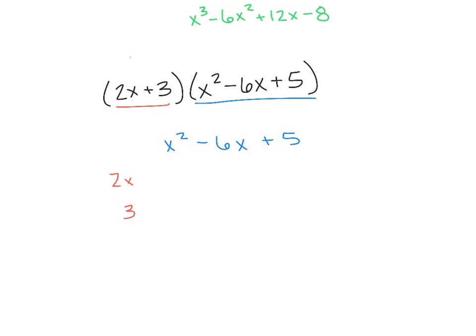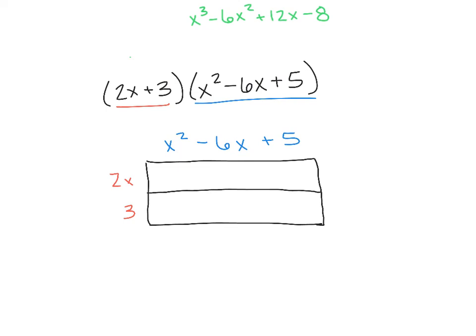Okay, and what we're going to do is put a little table here. Since we have 2 vertical, we're going to have 2 rows, and since we have 3, we're going to have 3 columns here.